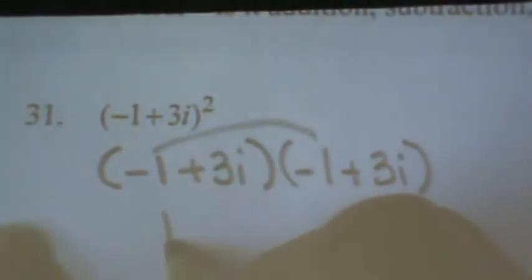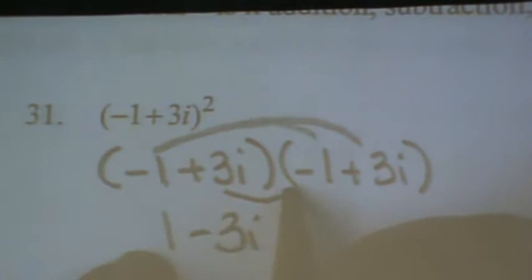Easy? Okay. What about 31? What does 31 want you to do? It says take negative 1 plus 3i and do what with it? Multiply it by itself, or square it, which means this. So what do I do? Negative 1 times negative 1 is 1.